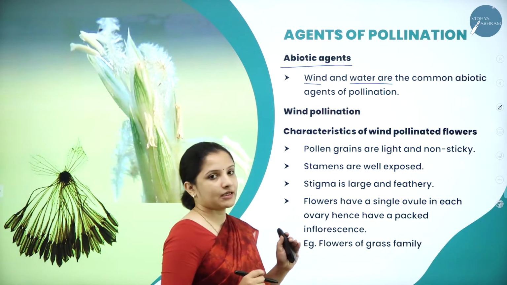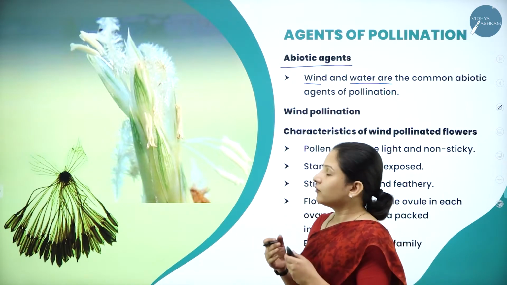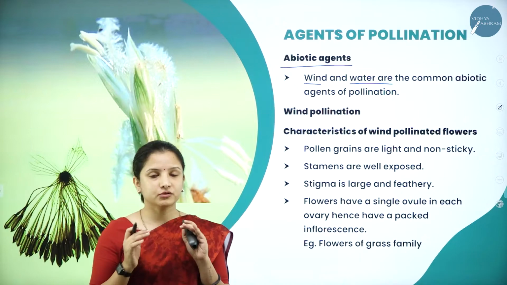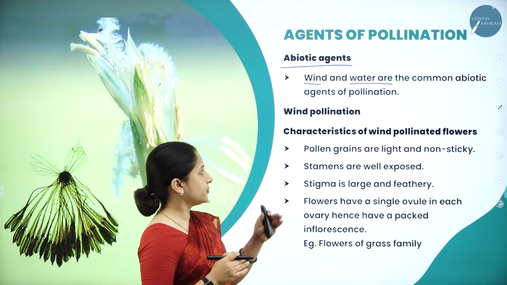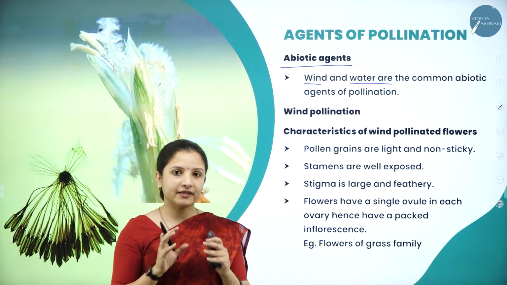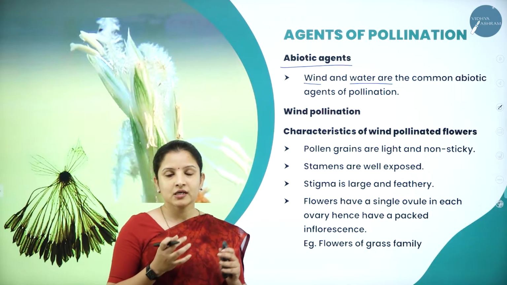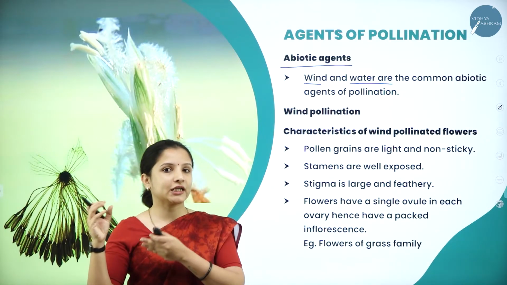First we'll study how pollination occurs by wind, and pollination by water. If the pollen grains have to be carried by the wind, the pollen grain should have various characters. Imagine if a pollen grain is very heavy, it cannot be easily carried by the wind.